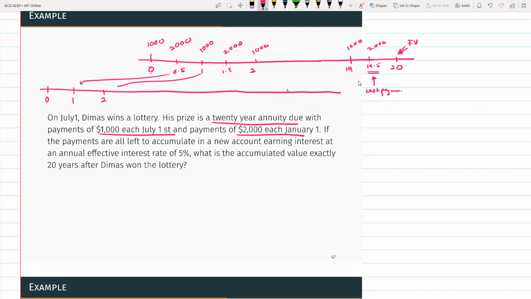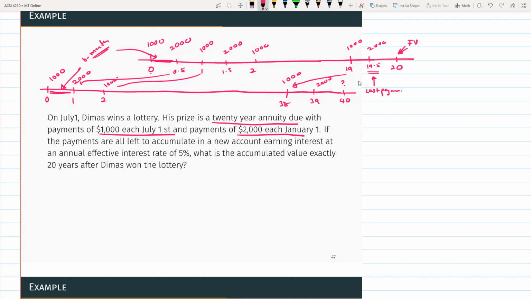Basically then 19 becomes 38, 19.5 becomes 39, and 20 becomes 40. So here 1,000, 2,000, 1,000. So here 1,000, this one is 2,000. So this time period is 6 months, and the same in here is 6 months.